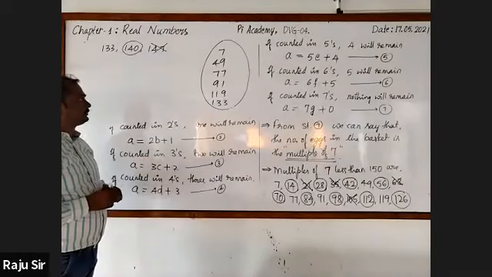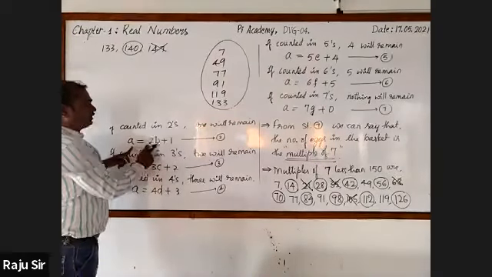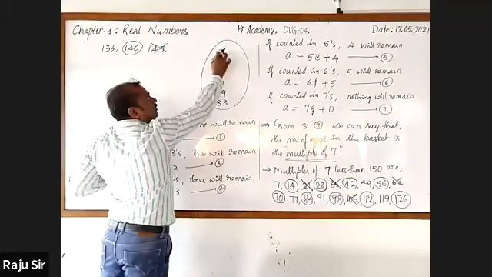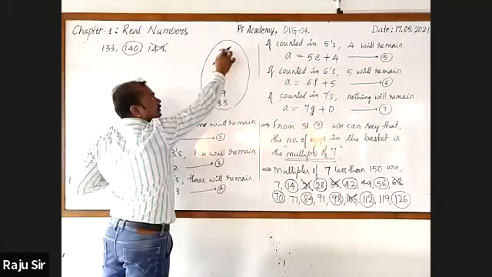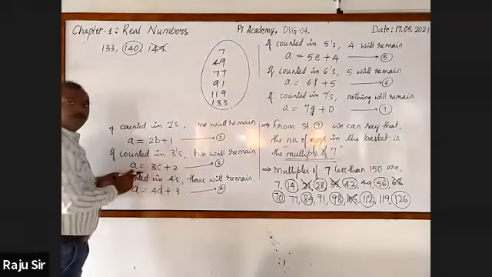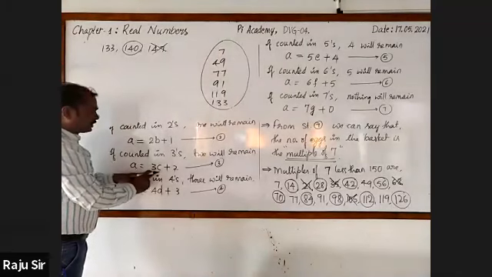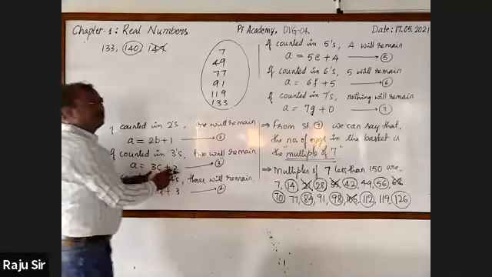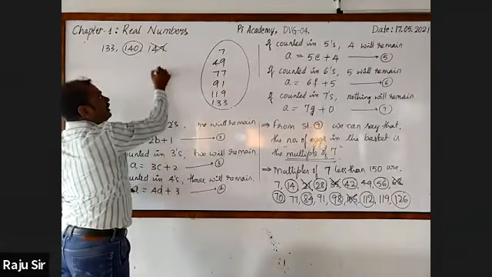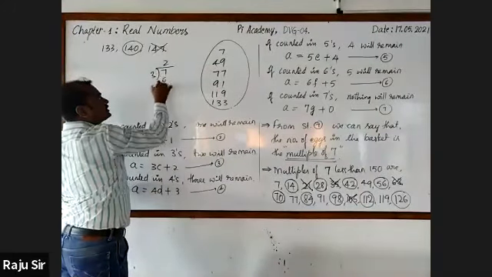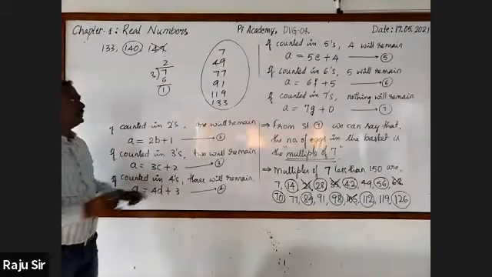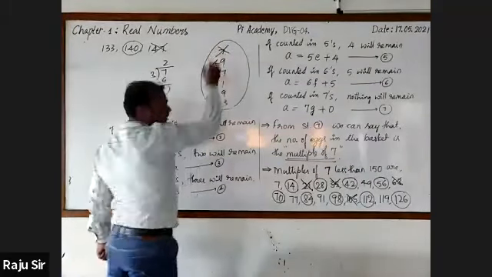See that if you go on counting 2's, 1 will remain. If you divide 7 by 2, obviously 1 will remain. But check whether 7 satisfies the second condition. If you go on counting 3's, 2 will remain. Divide 7 by 3. 3 2's are 6, 1 will remain. But actually 2 should come, right? Hence 7 won't come.